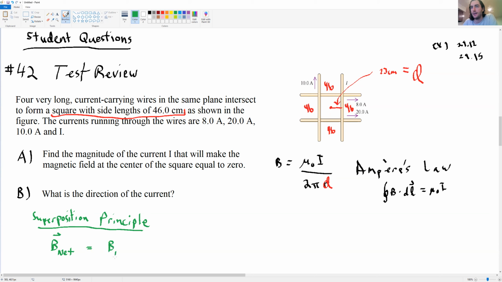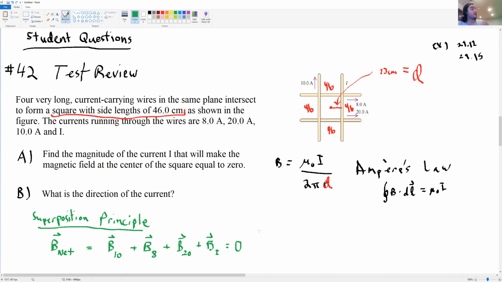So let's say B10 plus all its vectors, B, what's the other one? 8. So these are for the 10 amp current and the 8 amp current respectively. And then B20 for the 20 amp current. And then finally, the one that we don't know, but we're going to make it whatever it needs to be so that the net magnetic field is 0.